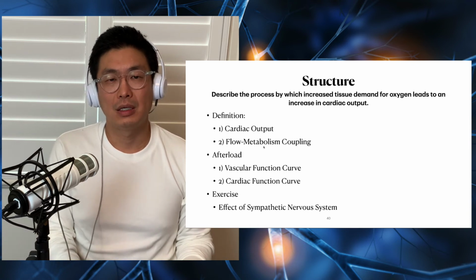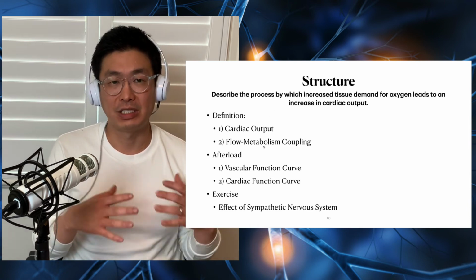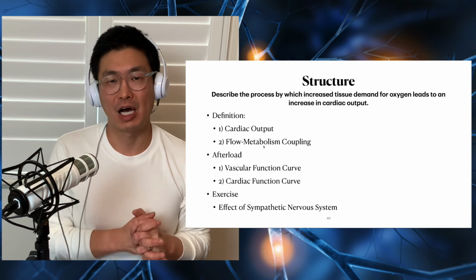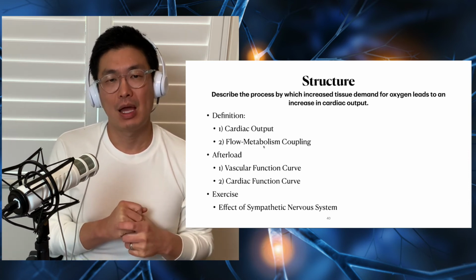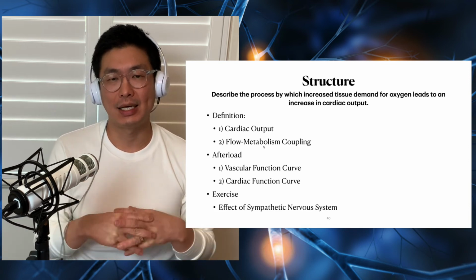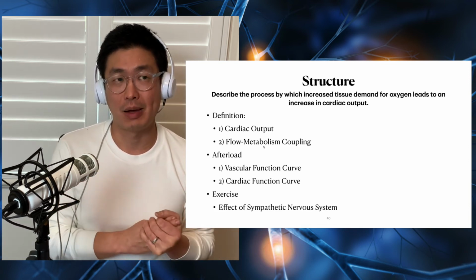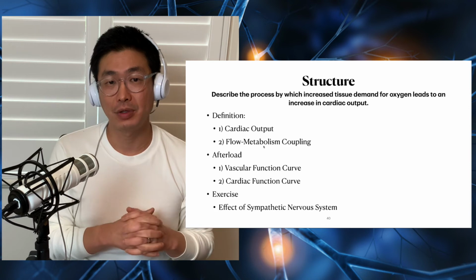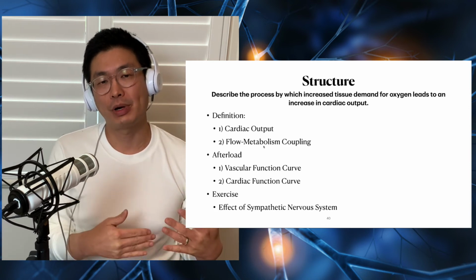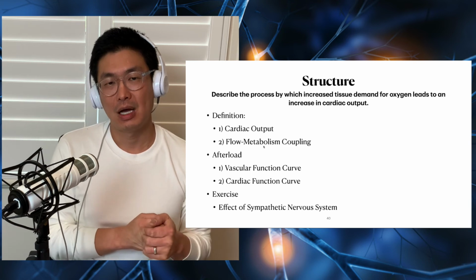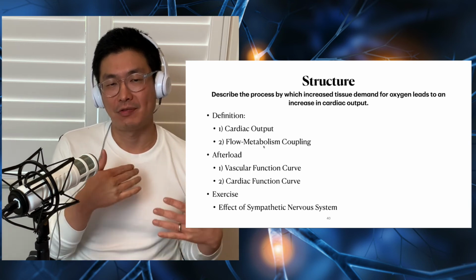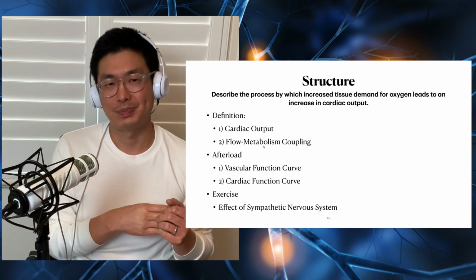And what I'm going to have is a definition of cardiac output and a definition of flow metabolism coupling. And that's going to lead on to the idea of a reduction in systemic vascular resistance or afterload. And then I'm going to incorporate how that affects the vascular function curve, and then after that, how that affects the cardiac function curve.